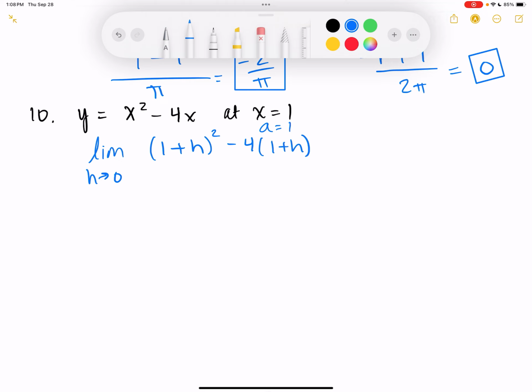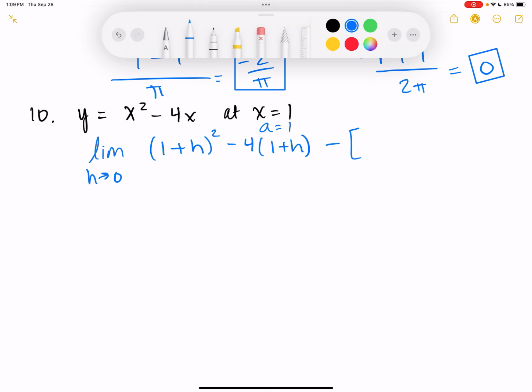Now, I just want to make sure we're tracking here. 1 plus h has replaced x in this. I have only done the first a plus h part of that formula, because I'm plugging in a plus h anywhere there's an x in that equation. So right now, I've only done part 1 of that formula.